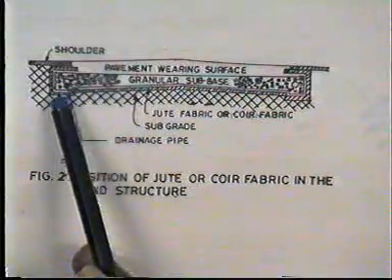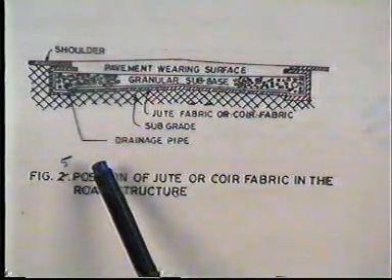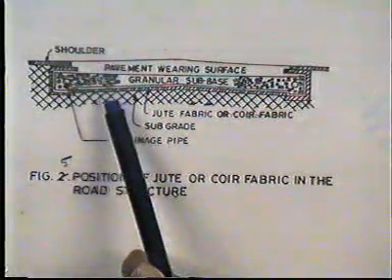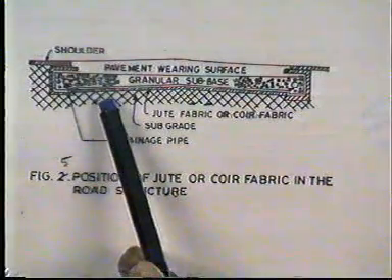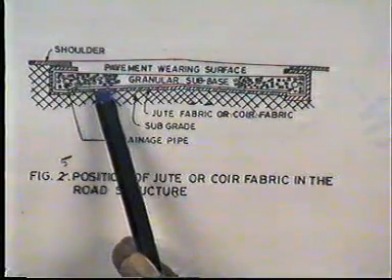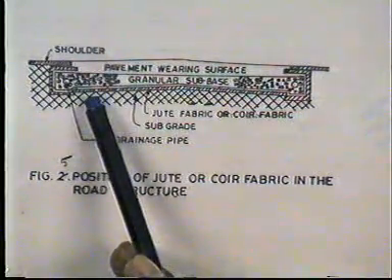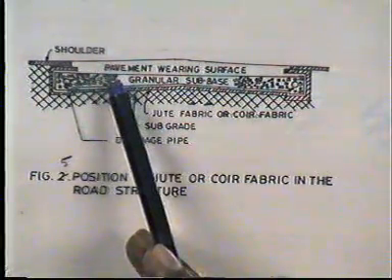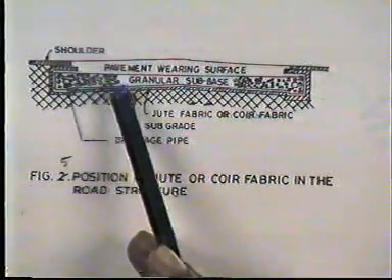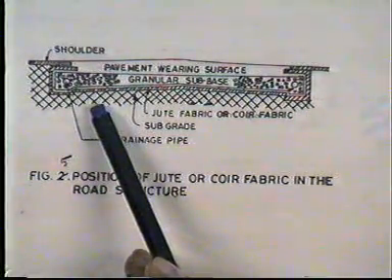The loss of strength of jute or coir would therefore be compensated by the resultant gain in strength of the subgrade.